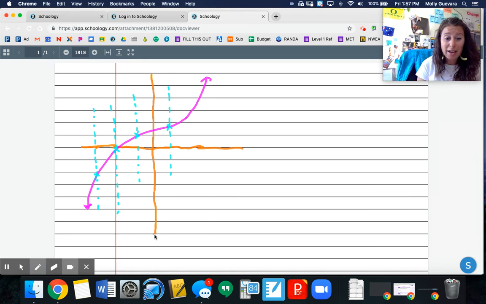And the answer is yes, right? So let's get rid of this. So any vertical line, let's make a little note here, any vertical line touches only once. So that means that this graph is a function.